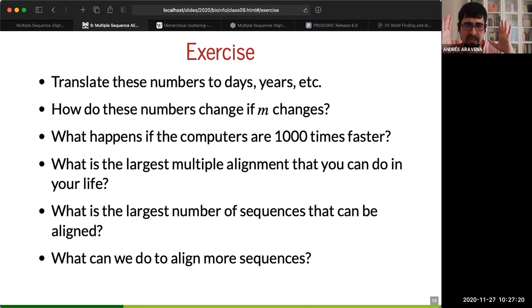It's a big range. But to give you an idea, what are we talking about? It's between 10 to the power of 5 centuries and 10 to the power of 7 centuries. That is the range that we are talking about. It's a big range, but there are many things outside. Most of the things are outside.